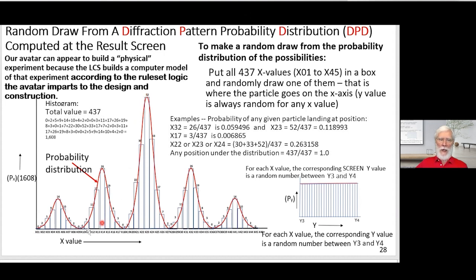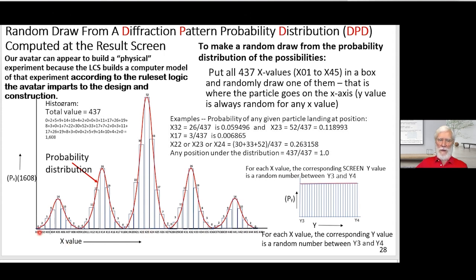So now you put all of these things in a box. If this one says 14 here, you're going to put 14 little cards in there with this X value on it, just like we did before. This one says 52, so we're going to put 52 with this X value.